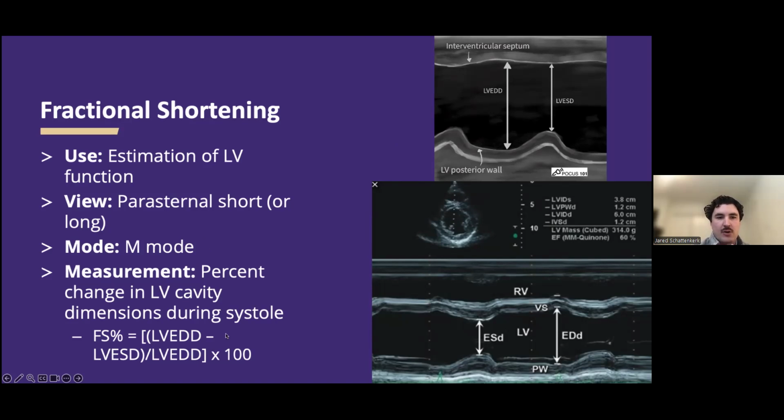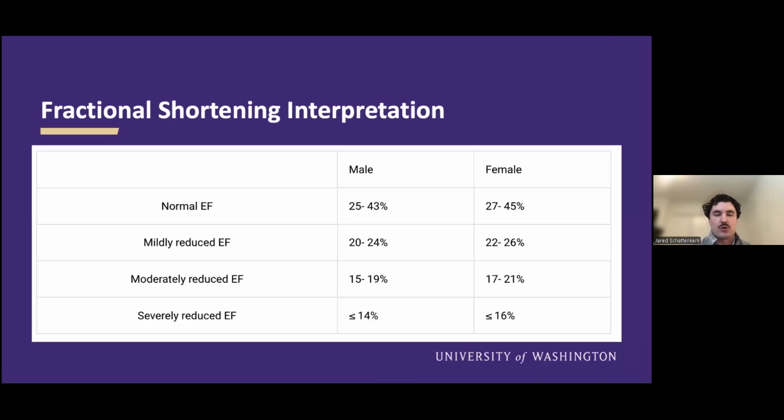And then there's a pretty quick calculation you can do using the diameters at end diastole, when the ventricle is at its widest, and end systole to get what's called a fractional shortening percentage. It's important to note that the fractional shortening percentage isn't equivalent to the EF. This is a chart. Most of this data is from the American Society of Echocardiography and the European Association of Cardiovascular Imaging, who came up with these cutoffs.